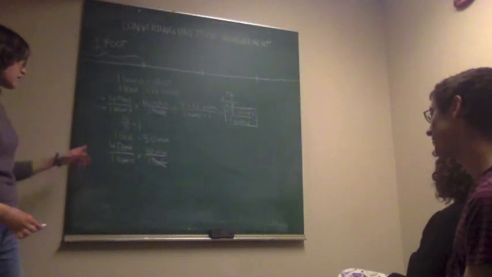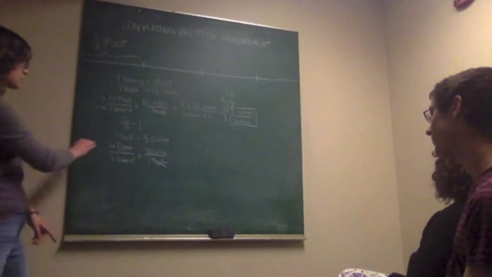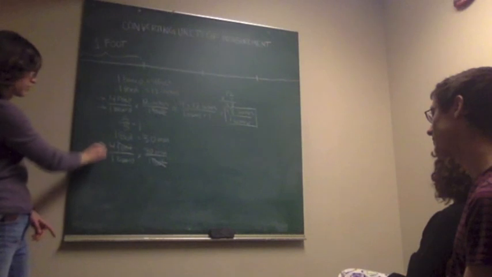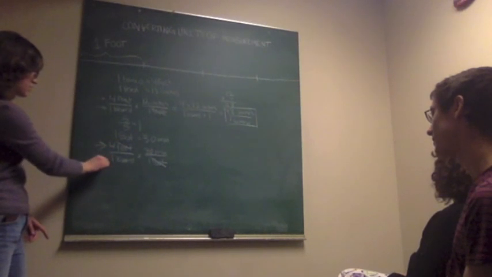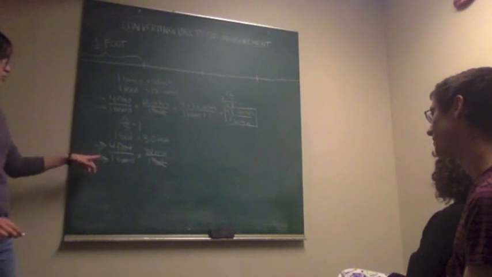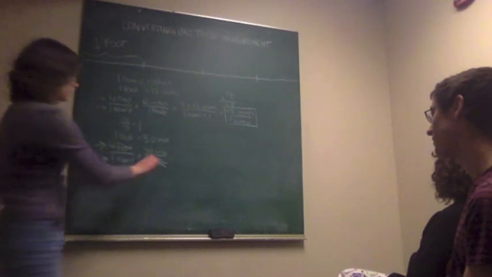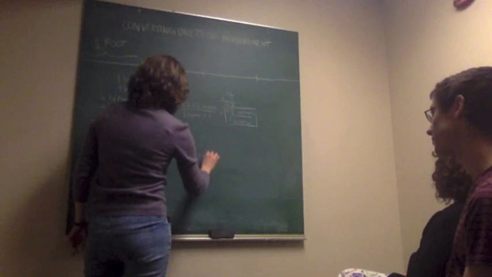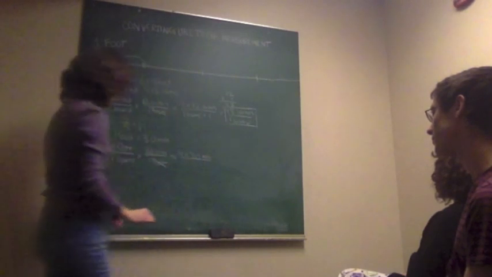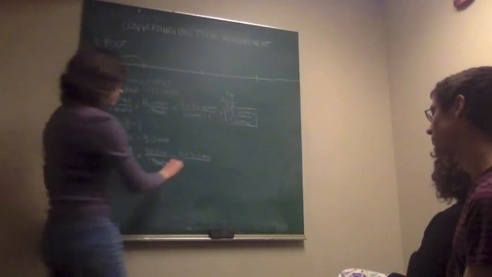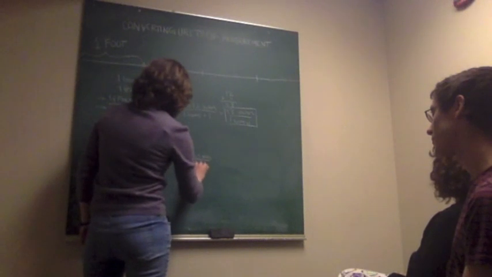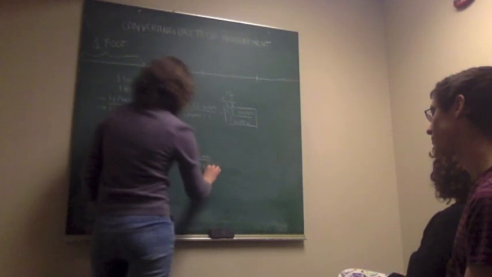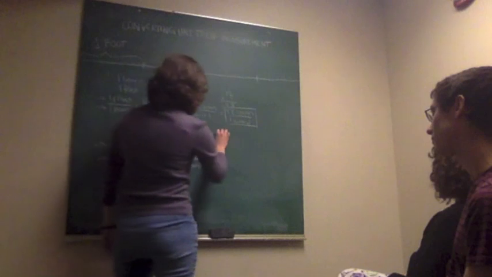And the next step is to multiply the fractions. So we're going to multiply across the numerators and then across the denominators in the bottom. So in the numerators, we have 4 times 30 millimeters. And in the bottom, we have 1 board times 1. So we have 4 times 30.